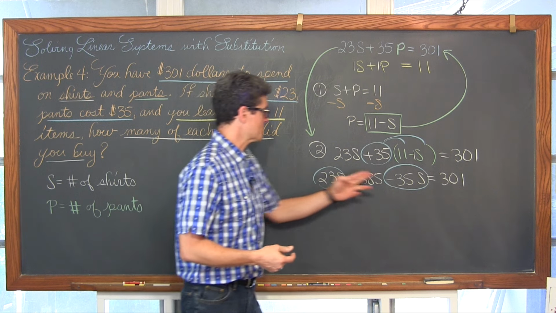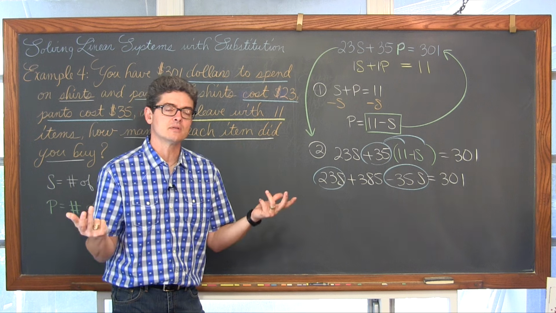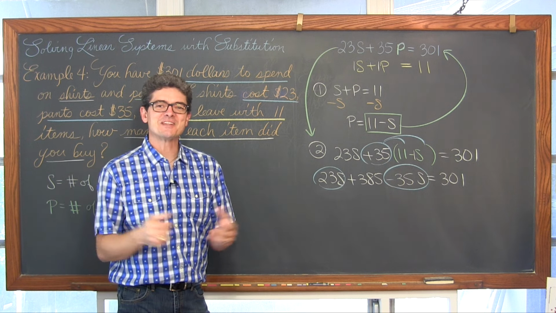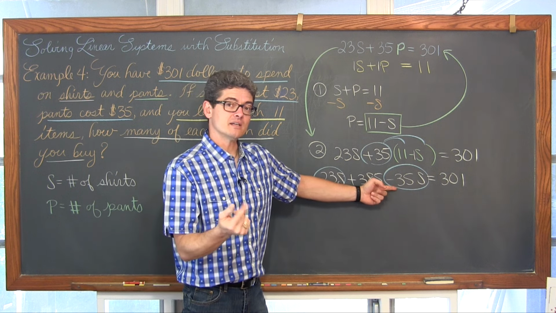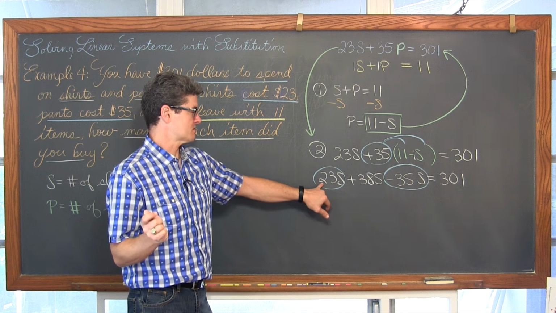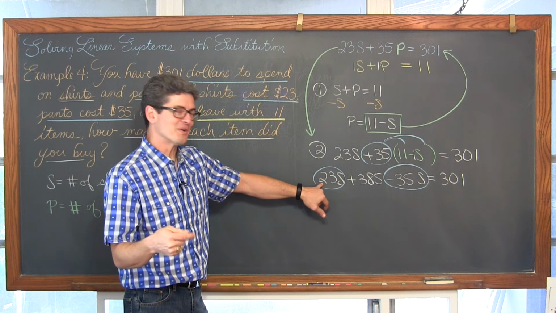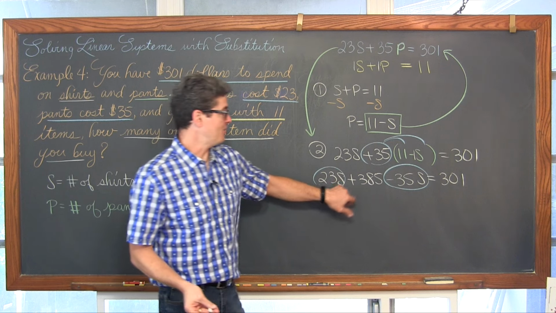When you combine numbers with different signs, you subtract those numbers and keep the sign of the largest absolute value. 35 is larger than 23, but it's negative, so our final answer is going to be negative. 35 minus 20 is 15, and 15 minus 3 is 12, but it is negative.